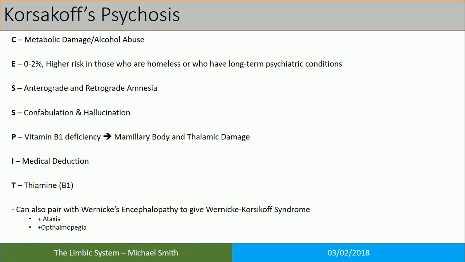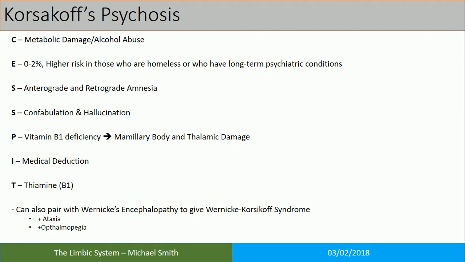So Korsakoff psychosis is caused by alcohol abuse, and this causes metabolic damage to the body. It happens in about 0 to 2% of people, dependent on the country, and it's much higher risk in those who are homeless or who have long-term psychiatric conditions and therefore are likely to consume more alcohol.